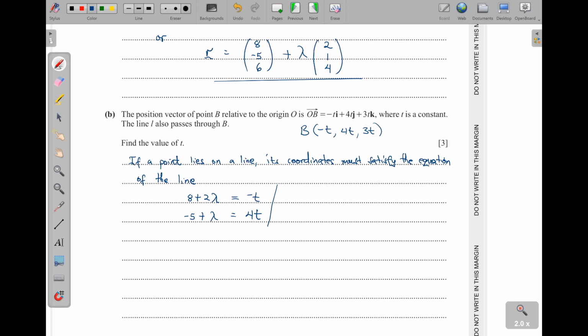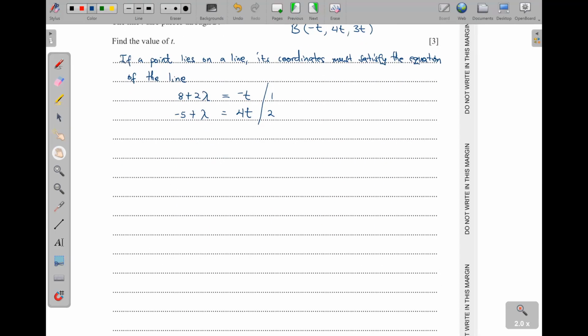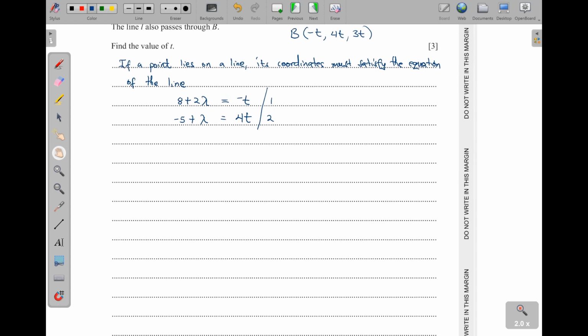So I can eliminate lambda by multiplying by the coefficient of lambda in the first equation, which is 2, and then here 1. So when I multiply through, I get 8 up there, then 2 lambda is equal to negative 2, and when you multiply all through by 2, you get negative 10, then plus 2 lambda, is equal to 8t.